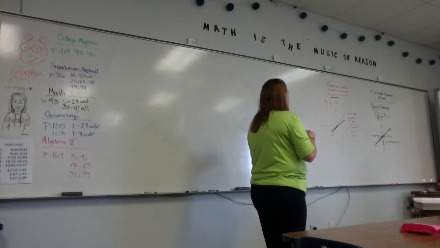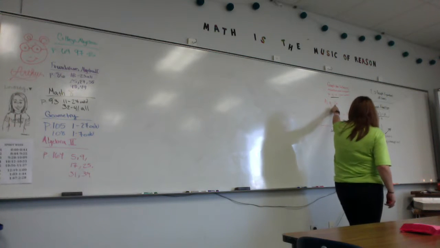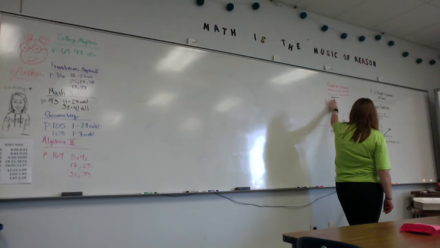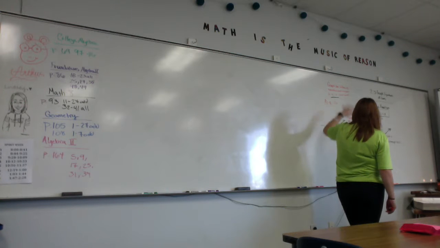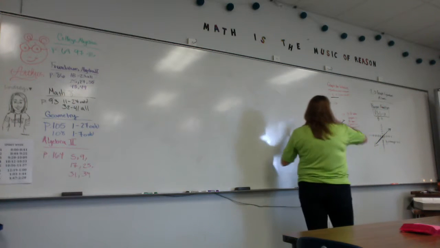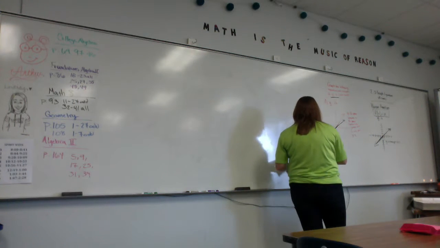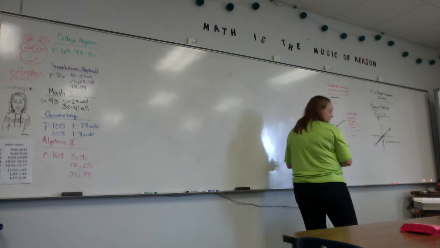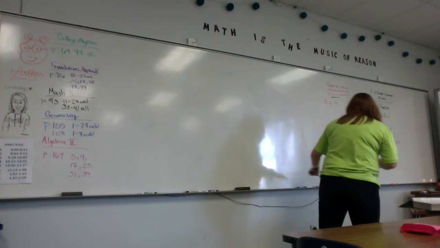The number on the outside tells my growth rate, whether it's expanding or shrinking. So that 2 tells me that I'm growing 2 times more in that graph.